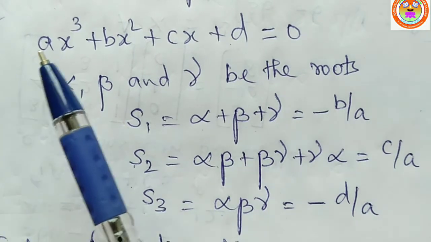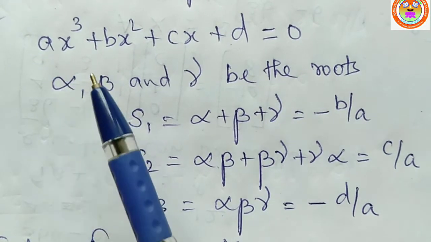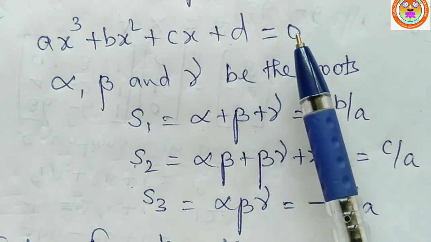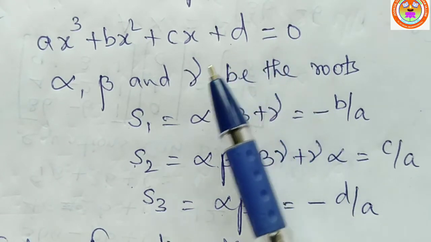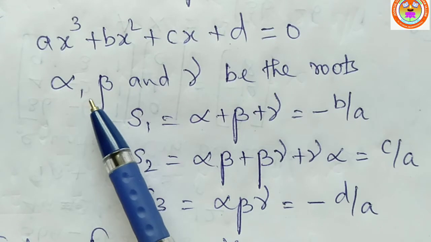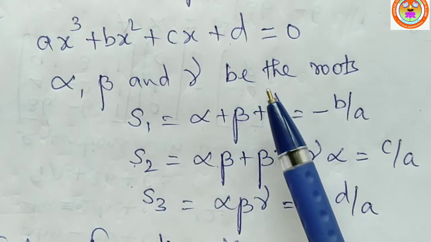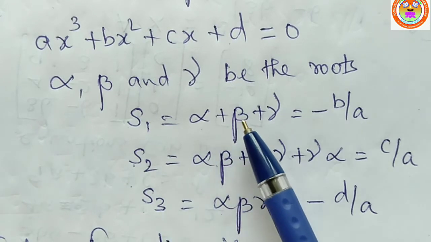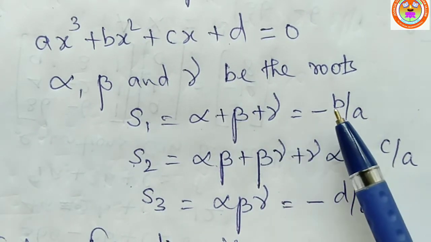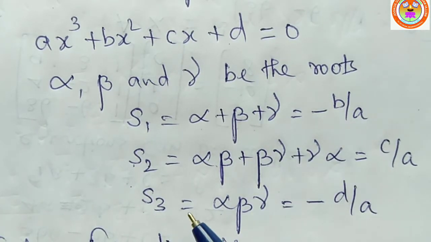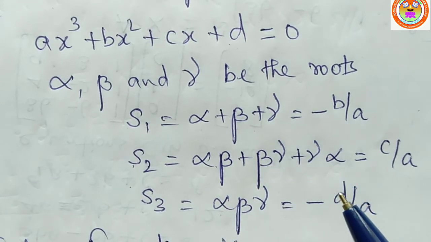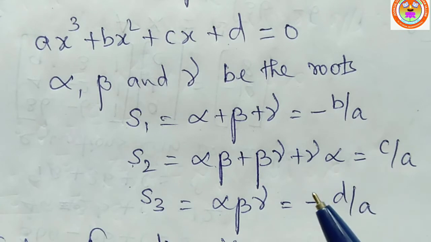If the cubic equation is ax cube plus bx square plus cx plus d equal to 0, and alpha, beta and gamma are the roots of the equation, then alpha plus beta plus gamma equal to minus b by a, alpha beta plus beta gamma plus gamma alpha equal to c by a.